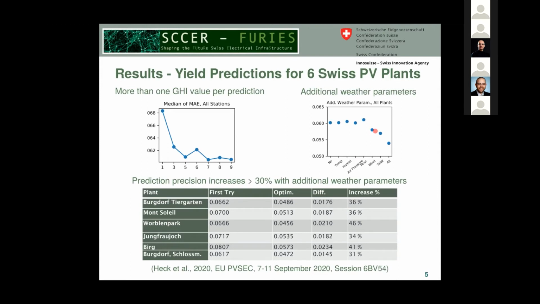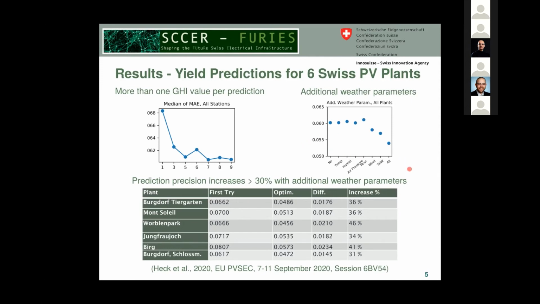But combining all additional weather parameters further improves the performance, and it shows that using all of the parameters makes the most contribution. So it seems that the parameters work well together, and the combination gains more than a single value.